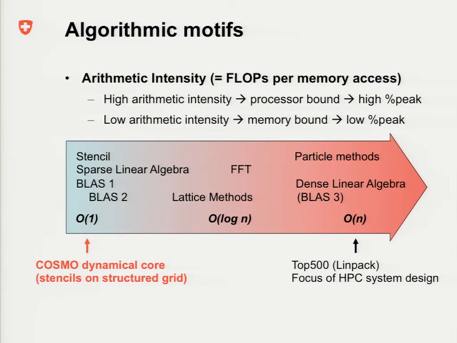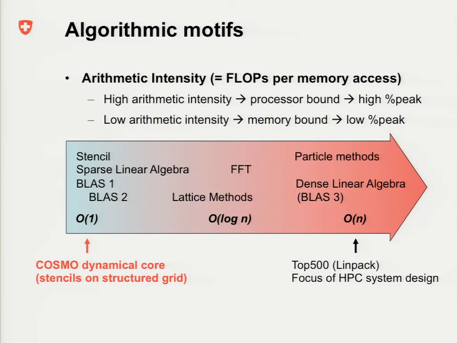If you increase the problem size, the number of flops you do per memory access increases with n. Whereas if you have a code like COSMO, a stencil code, or you do sparse linear algebra, or BLAS1, BLAS2, the number of operations per memory access as you increase your problem size stays constant, because you just increase your grid, but the number of operations you do per grid point stays the same.